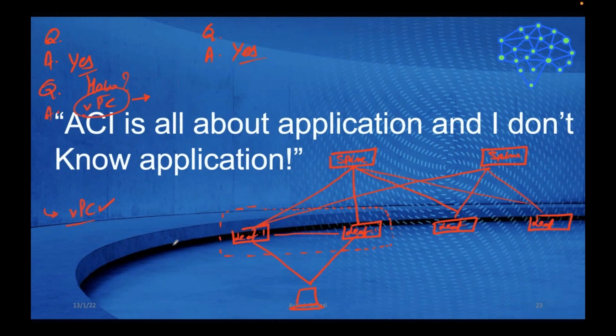Okay. Before that, Raj was asking a question, and let me give the answer to the same question once again. Raj's question was, when we connect these 2 leaf switches and make them one single logical switch, will these 2 switches be seen by the spine switch as one single switch or 2?